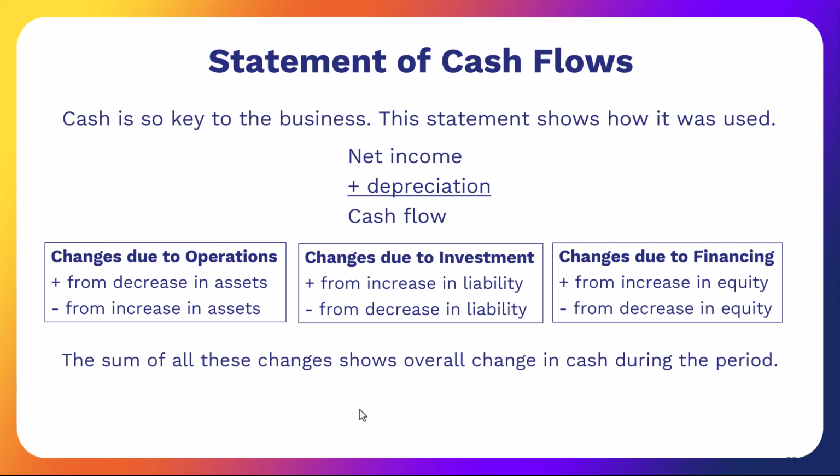The statement of cash flows breaks down our decision making into 3 categories. Cash comes from 3 things. It comes from operations: can we create more cash coming in than goes out the door from our primary business operations?